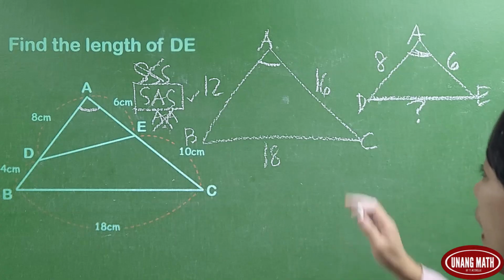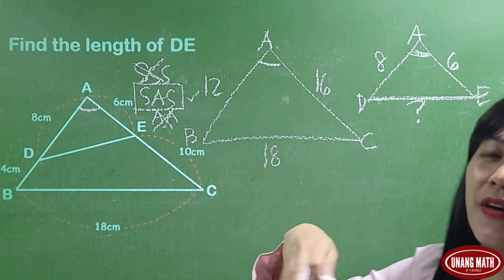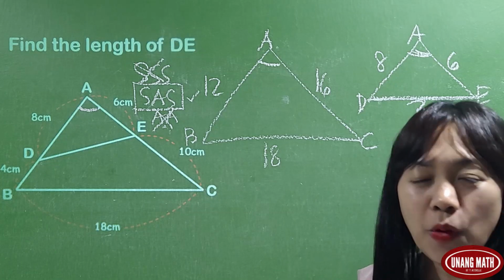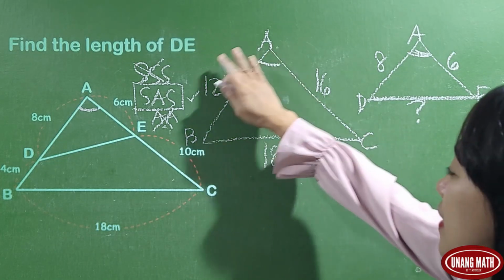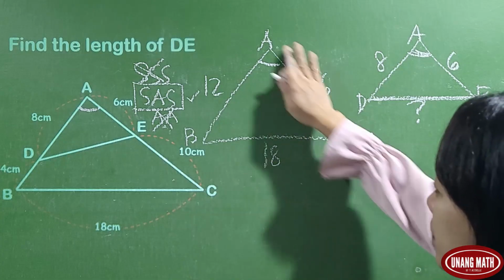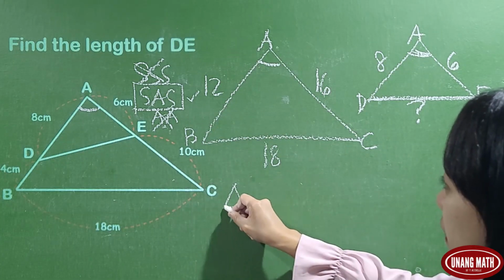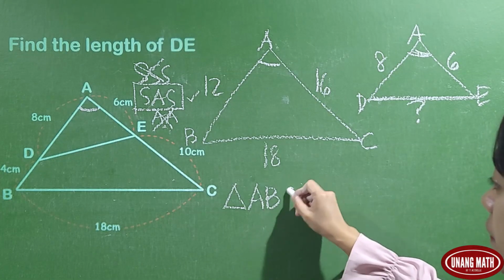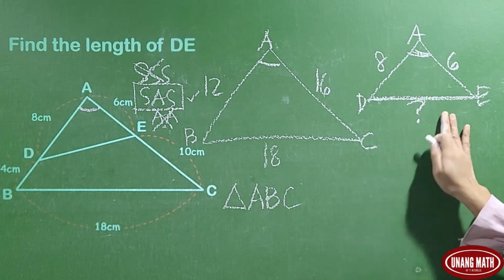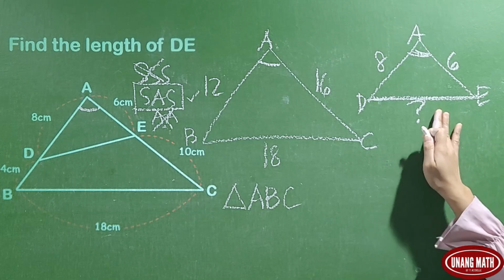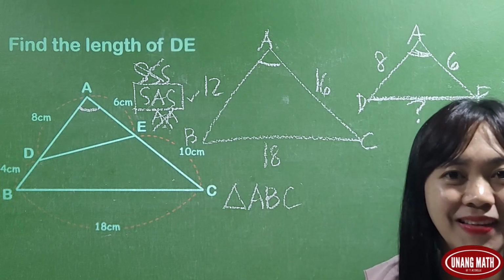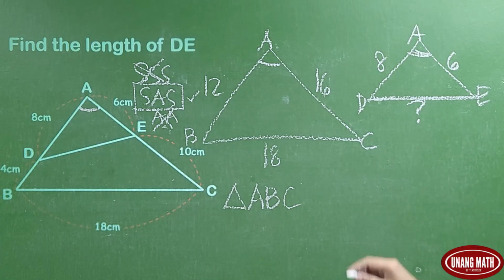Now, let's find out if the ratio of the lengths of the two corresponding sides are equal or constant. In here, we're going to name this triangle ABC. In naming this triangle, we have to consider the corresponding points, corresponding sides, and angles.